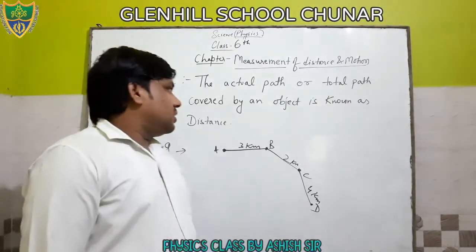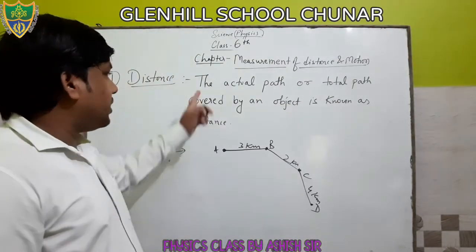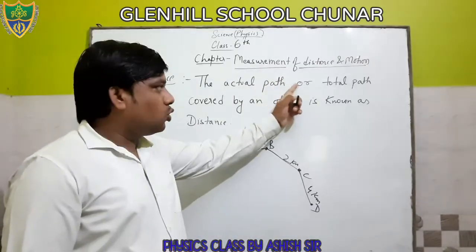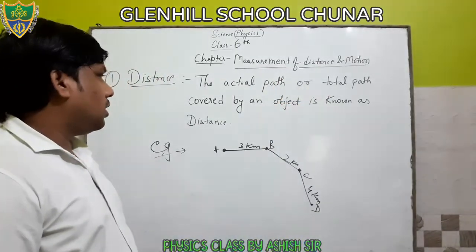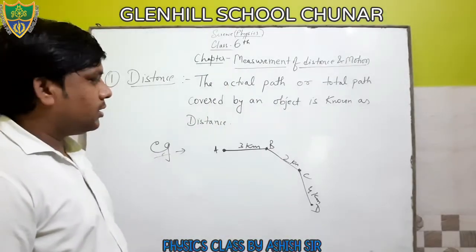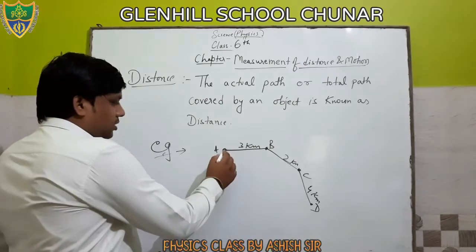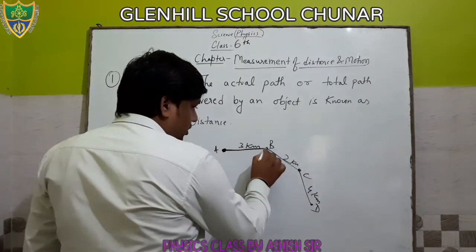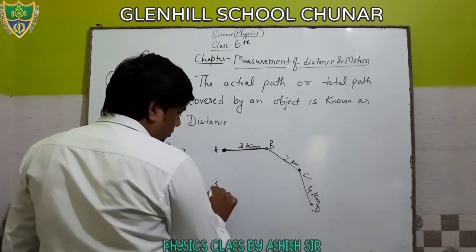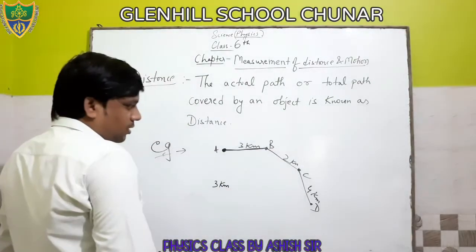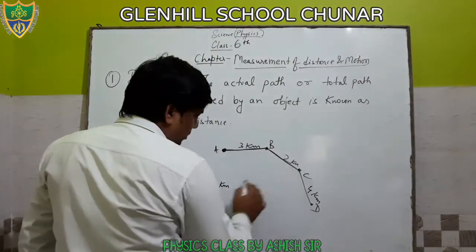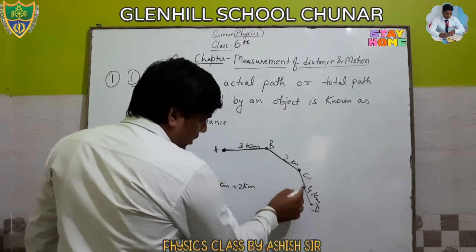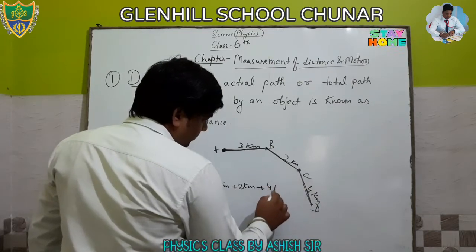Then what is the distance? What does the definition say? The actual path or total path covered by an object. So from A to B the actual path is 3 kilometers, plus 2 kilometers, and from C to D the actual path is 4 kilometers.